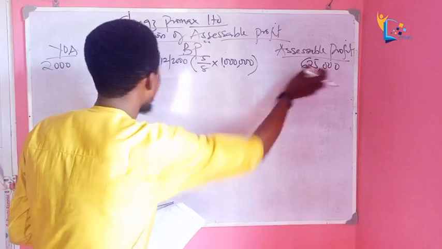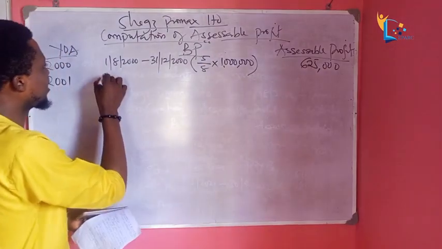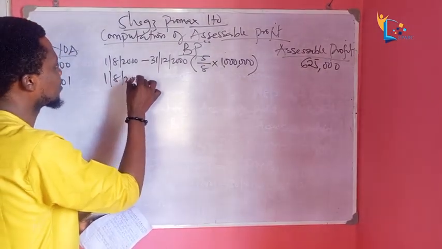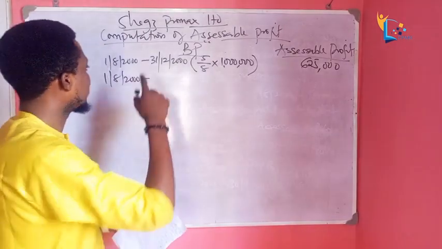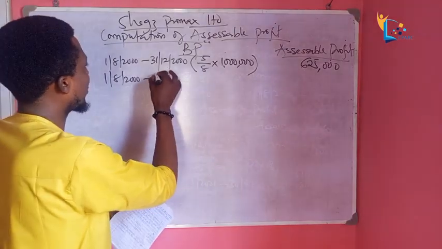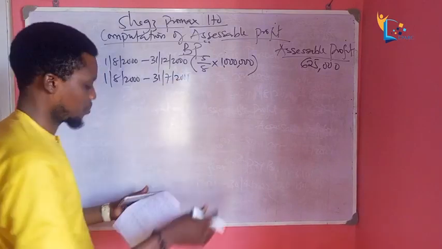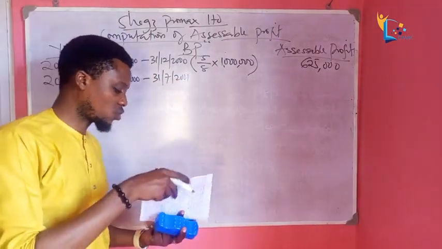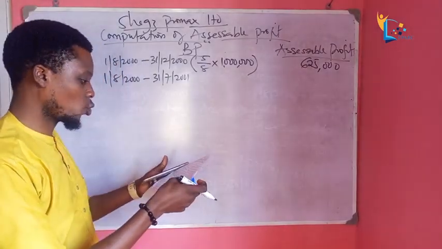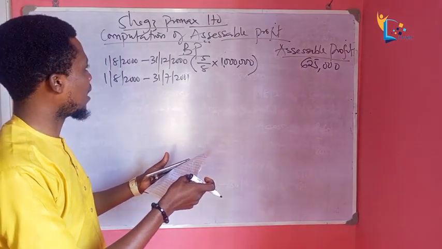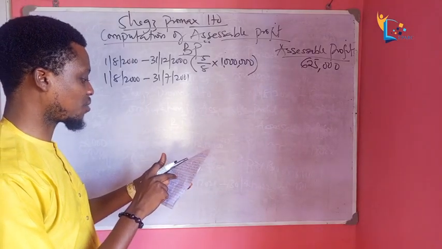Now, 2001, the second rule says date of commencement to the next 12 months. The next 12 months is 31st July 2001.